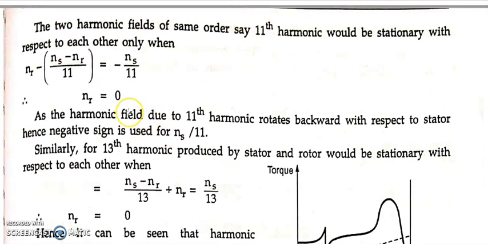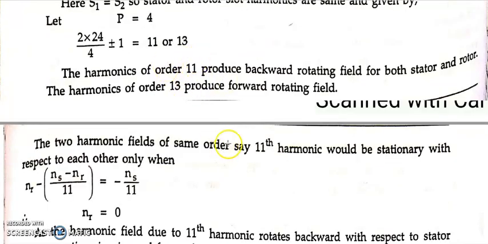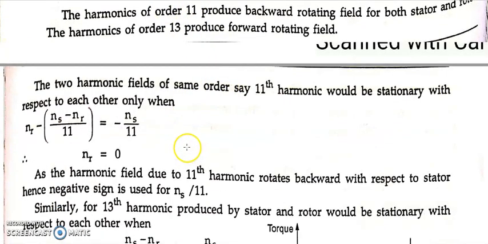Again, you can see here the two harmonic fields. Let us take the example of the 11th harmonic here, that is in the backward direction. The harmonic field, that is the 11th harmonic produced in the stator as well as rotor, will make the motor stationary. Again, this is the condition. You can see the resultant rotor speed will be 0. If this condition is followed, then your rotor speed will be 0.